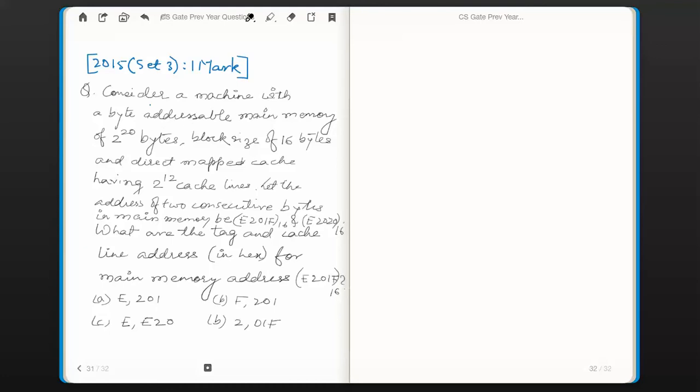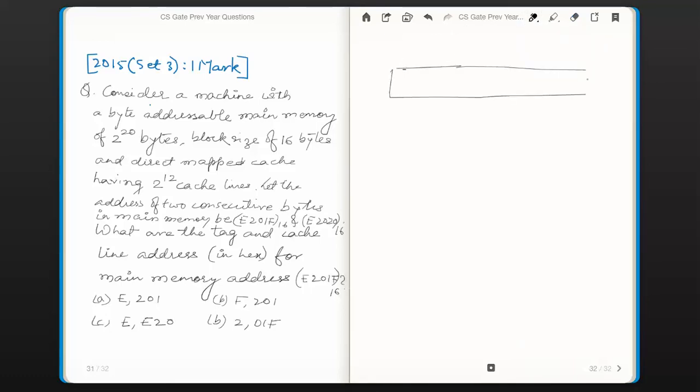So here the main memory is of 2 to the power 20 bytes. That means the size of the address would be 20 bits. The size of the address is 20 bits, and the CPU address can be divided into three parts.